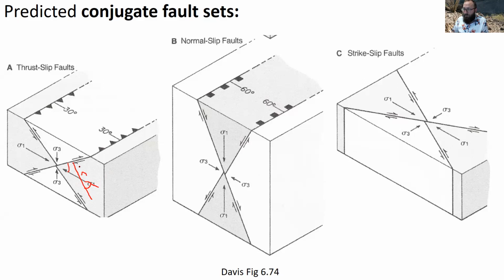Okay, this angle is alpha. Because theta can be positive or negative, our sigma 1 bisects this conjugate set of faults. And depending on the orientation of our principal stresses, our principal axes of stress, we get different types of faults.